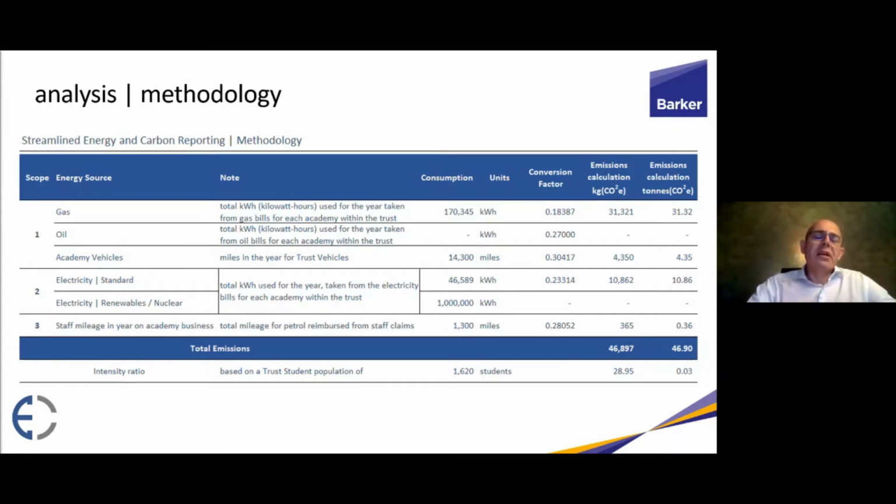There's one thing to look at here, which may reflect well on some of you that are already looking at buying your energy from the likes of EDF or from renewable sources. There is the ability within the reporting to state the difference between the energy you buy from standard sources and renewable sources. Now, the standard model that was published by the department, which is where I've used some of these figures from, so you can track it back and see how it all works, doesn't capture that granularity.